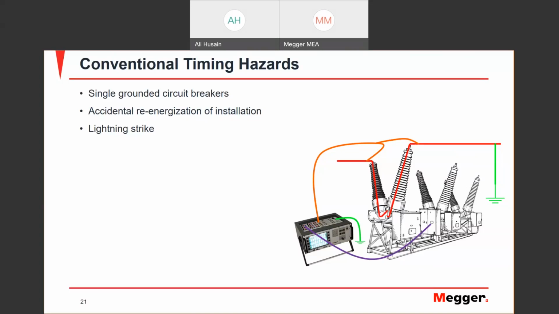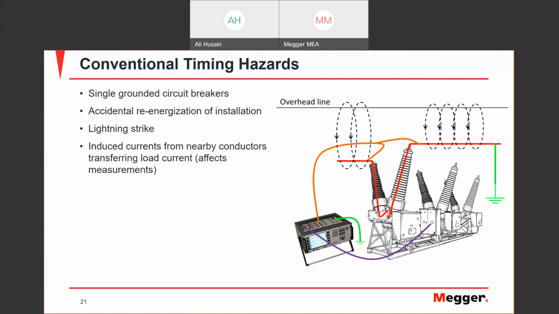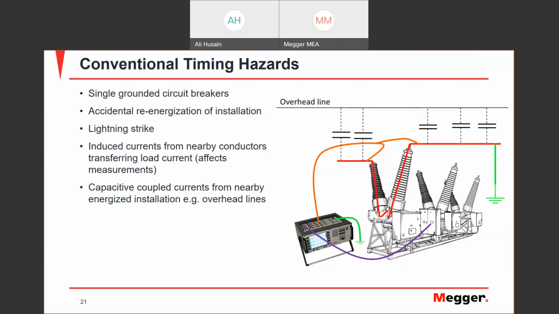Now, if you do that and you have any live conductor near your circuit breaker, which is usually a true case in maintenance jobs, maybe not in commissioning, but in maintenance you definitely have something energized in the substation, you could get induced currents from nearby conductors. As well, you can get capacitive coupling if you have overhead lines or an adjacent bay.